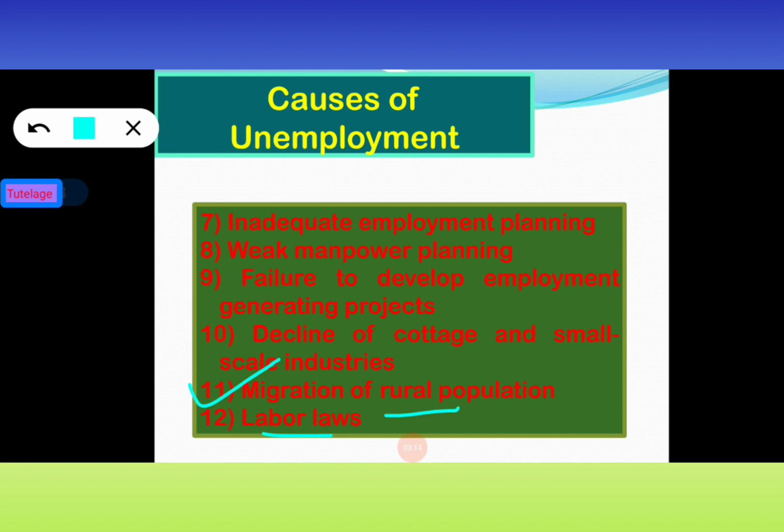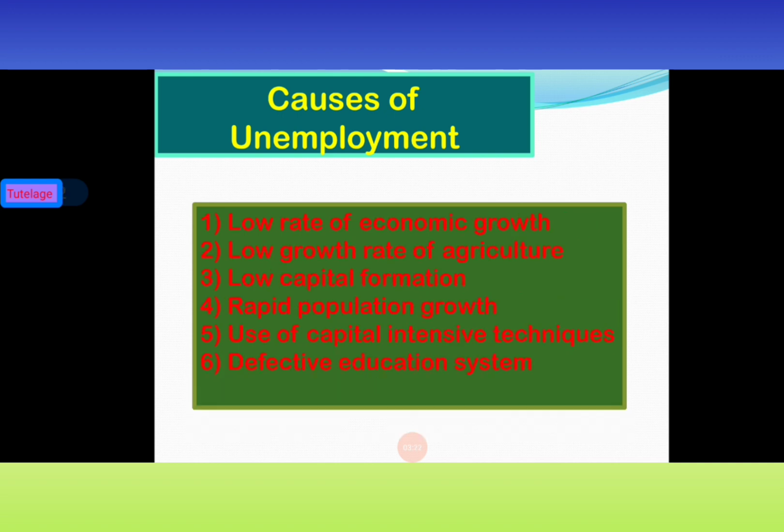So we have already described the different causes of unemployment. The first point, that is low rate of economic growth. Second point is low growth rate of agriculture. Third point, it is low capital formation. Fourth point is rapid population growth. The fifth point, use of capital intensive techniques.